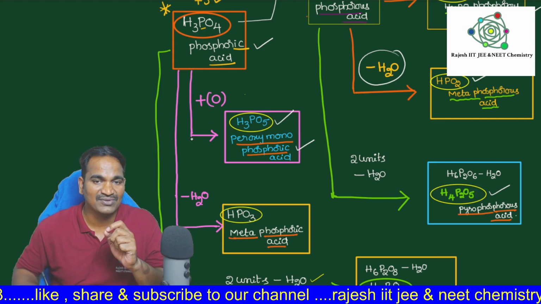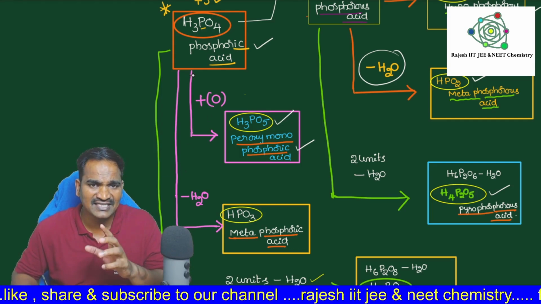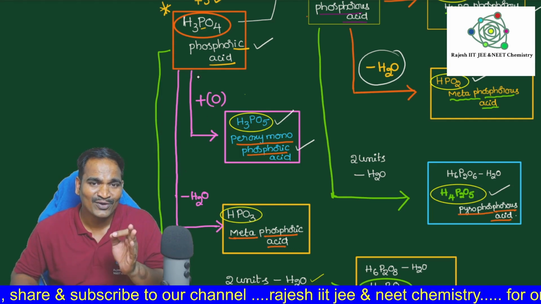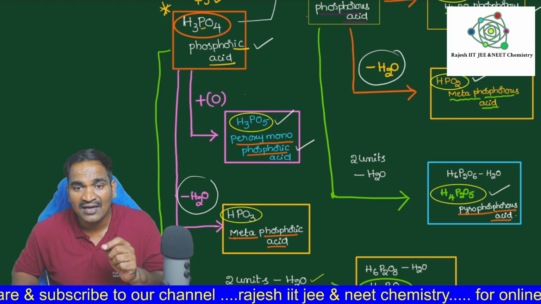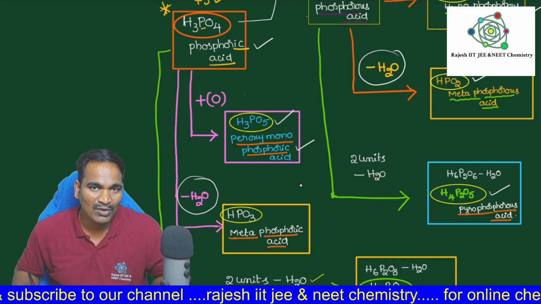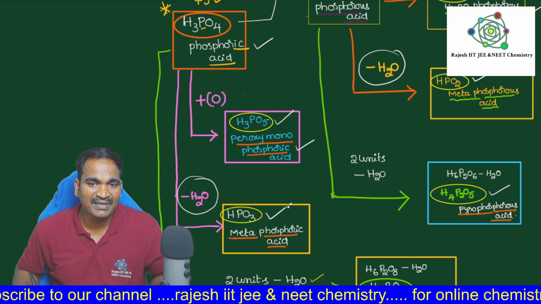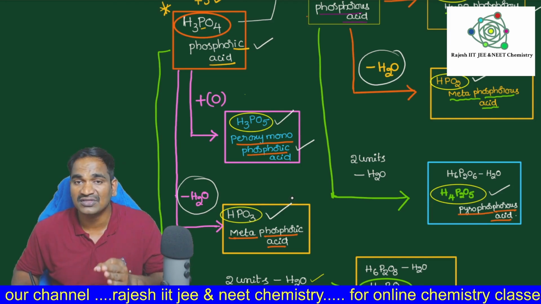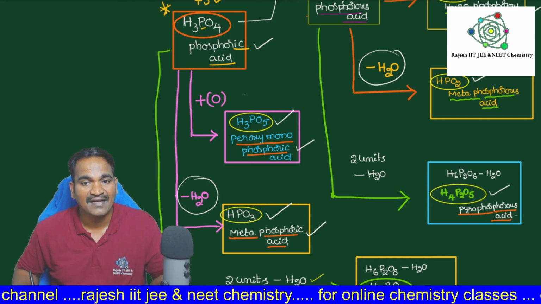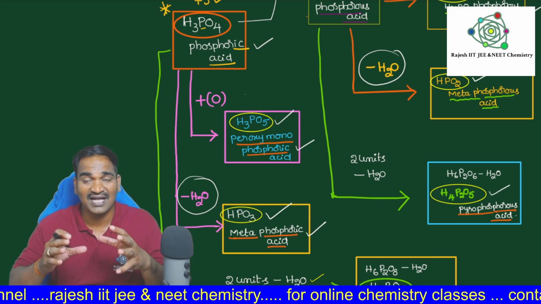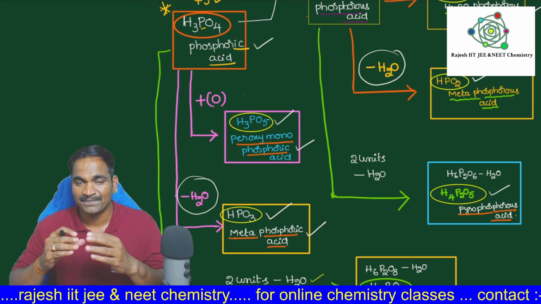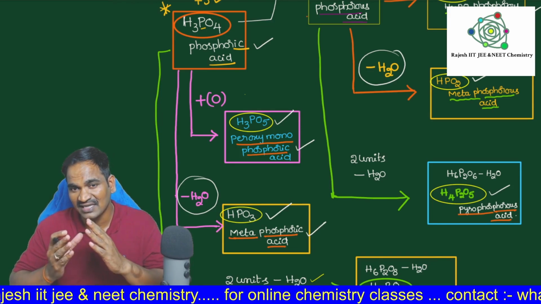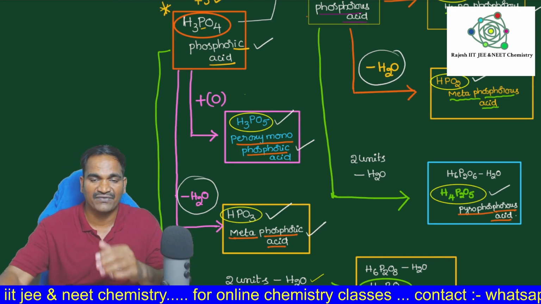Now, next step, you see this. In the next step, from the phosphoric acid, we are removing one water molecule. If you remove one water molecule, that H3PO4 becomes HPO3. This is called metaphosphoric acid. We are discussing the formulas and names also. Don't get confused here.